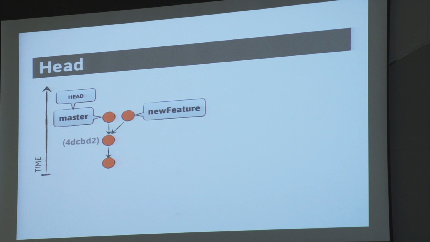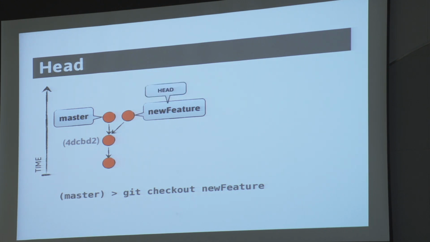So essentially, if this is the state of affairs, and I say git checkout new feature, Git takes this symbolic link, which points to a link that points to a SHA. It merely takes that and says, move it over here. Now you've switched heads. You're now on a new commit.